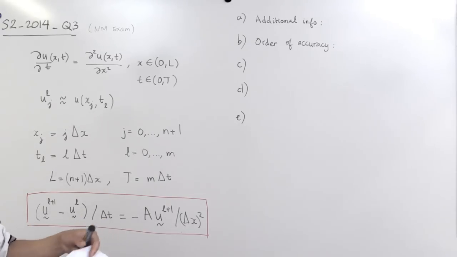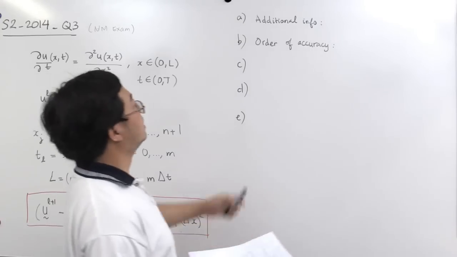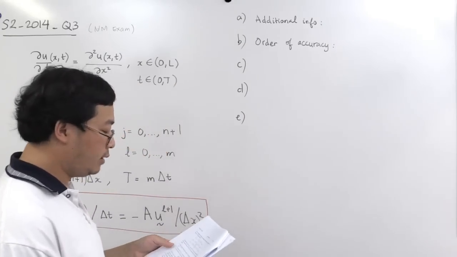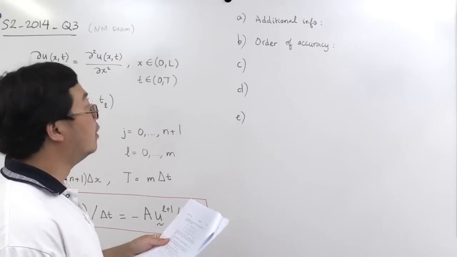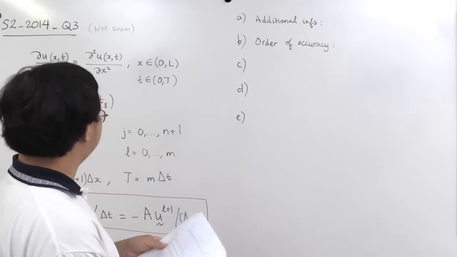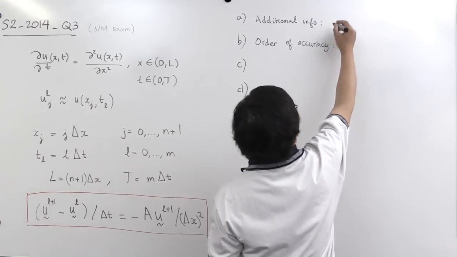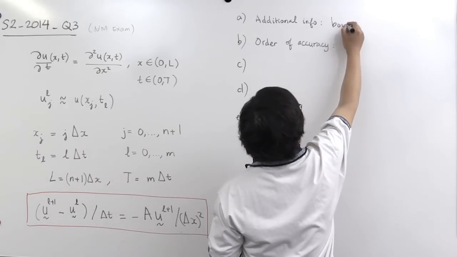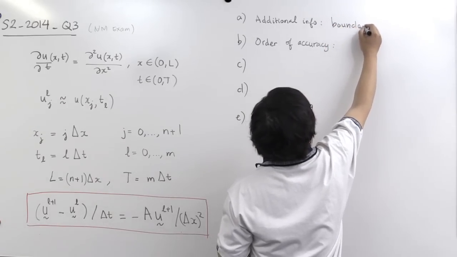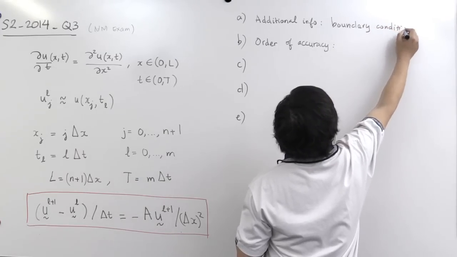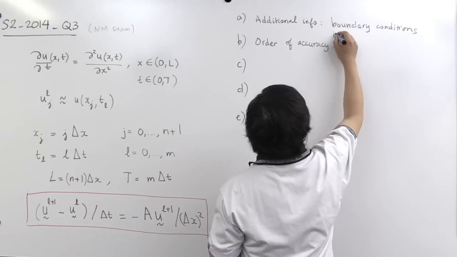So question A, little a, says what additional information you need to specify this problem. So the additional information is we need the boundary condition, okay? And the initial condition.